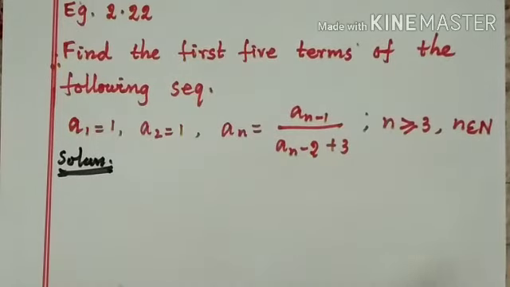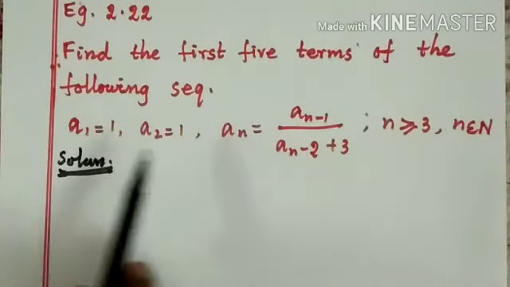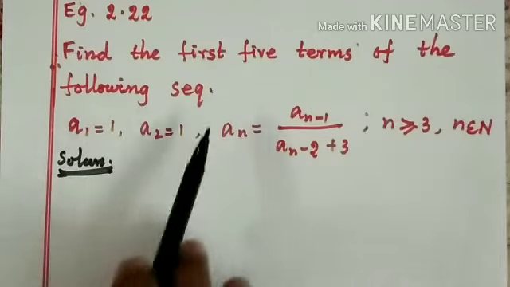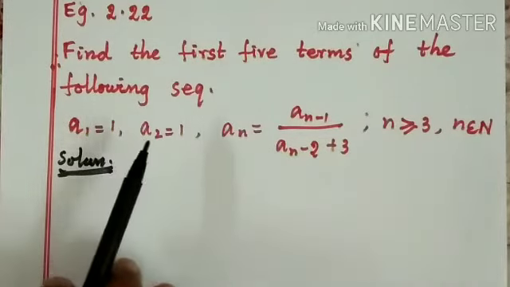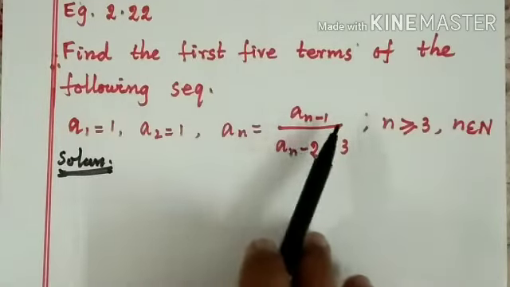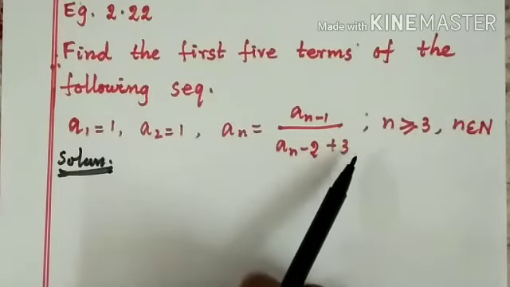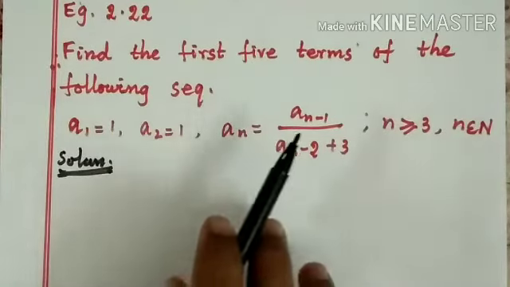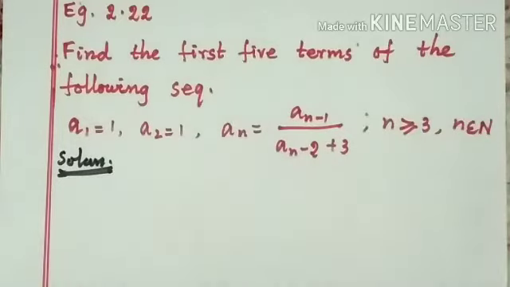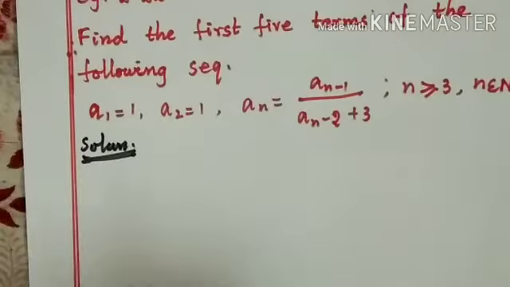In this question, first term and second term is given and third term depends upon these two terms, that is An is equal to An minus 1 by An minus 2 plus 3. Here you have to find the first 5 terms of this sequence. Let us do the solution.